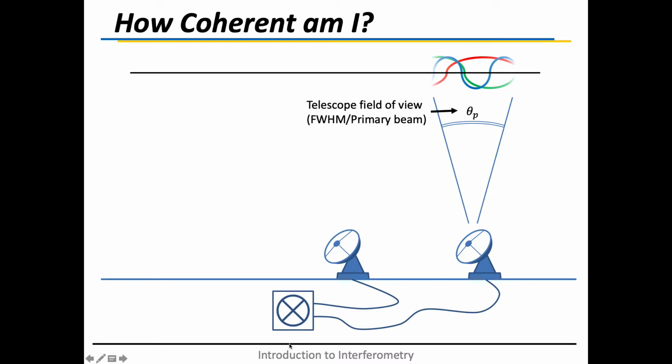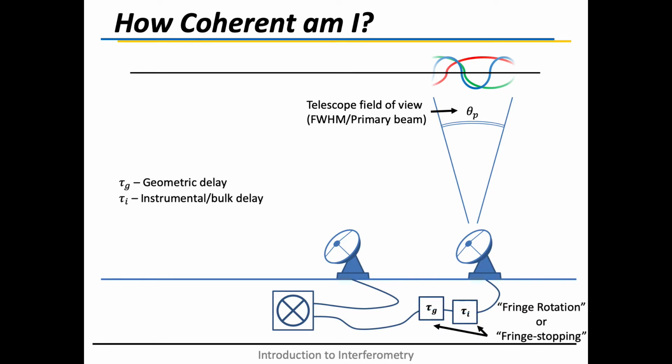So what do we do? The reason for this is that different wavelengths of light have different fringe patterns across the sky, and they only line up when the telescopes are exactly coplanar to the sky, where the geometric delay towards the source is 0.